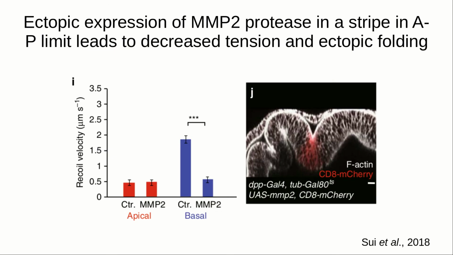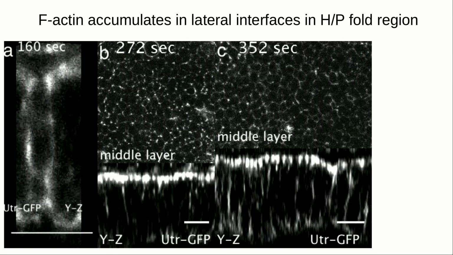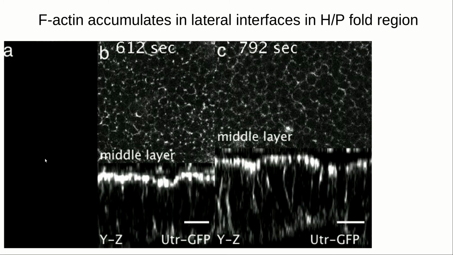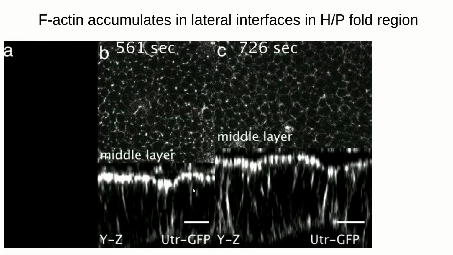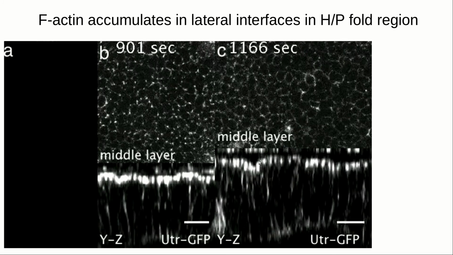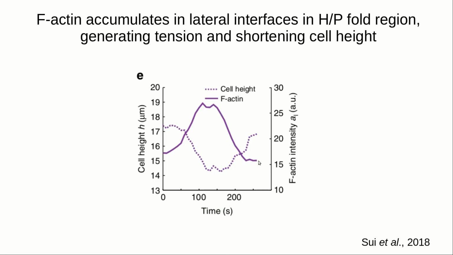So what happens is an increase in actin, as you can see here, in the lateral parts of the cell. You can see here an increase in actin, okay, and also here. And this increase in actin, which you can see here in the purple line, is correlated with a decrease in cell height, which you can see as the dotted line.